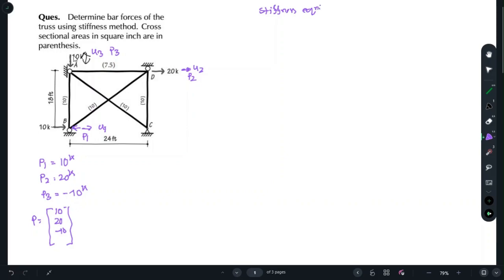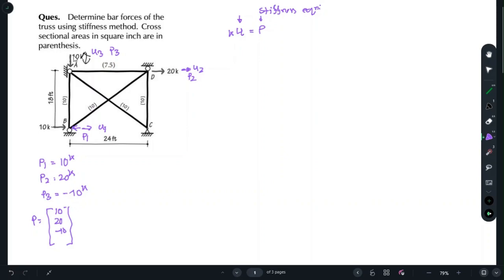We have the global stiffness matrix K, and we have U, which is our displacement, and you have the joint loading, which we call P. So we have the U matrix, which is U1, U2, and U3, and you have the P matrix, which is 10, 20, and minus 10. But you still don't have the K matrix.